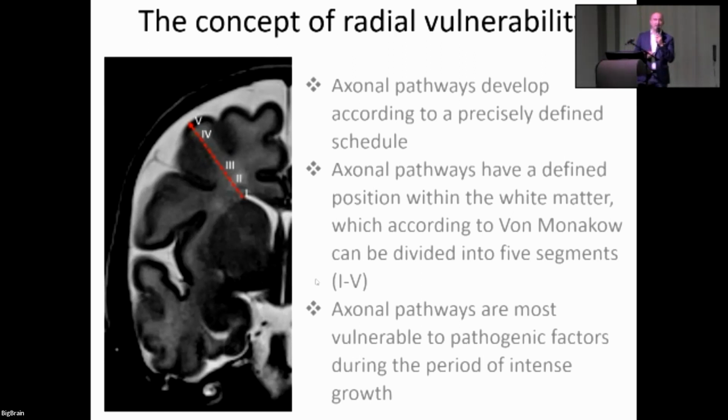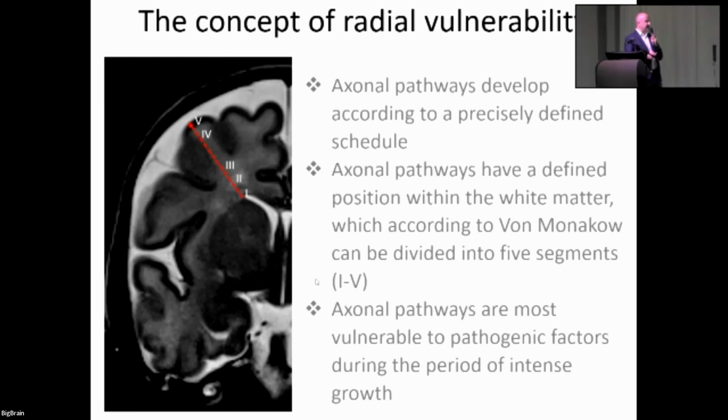If you have a late preterm baby, then the location of the lesion moves to the centrum semiovale. And if you have perinatal asphyxia at term, then usually cortical and subcortical regions will be affected. So there is some kind of movement of lesions from the ventricle toward the cortex.